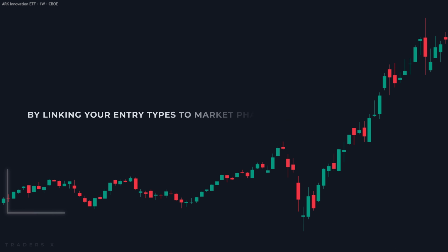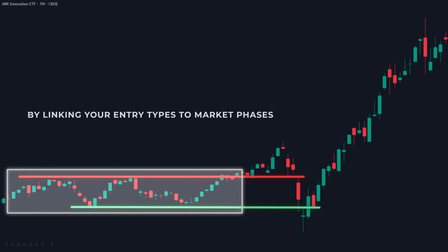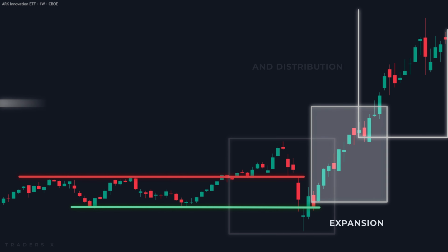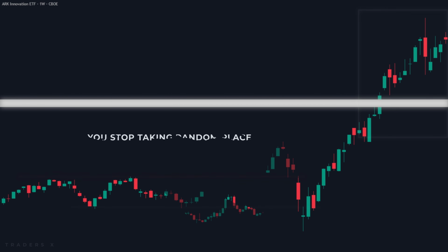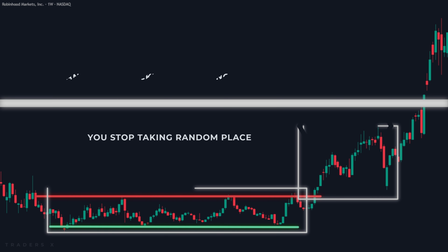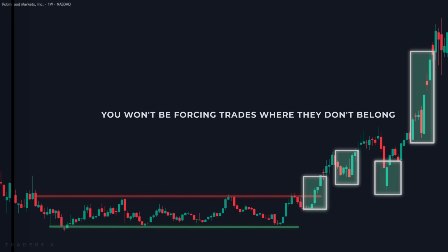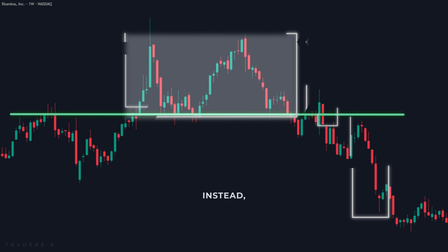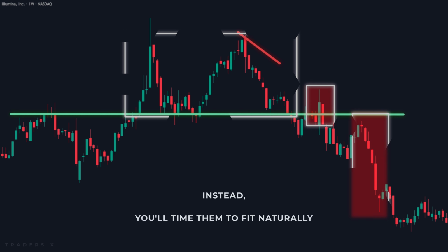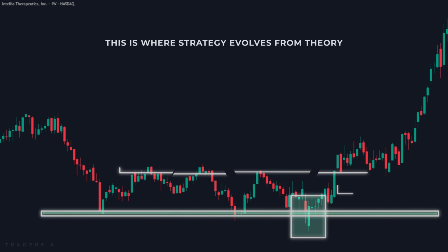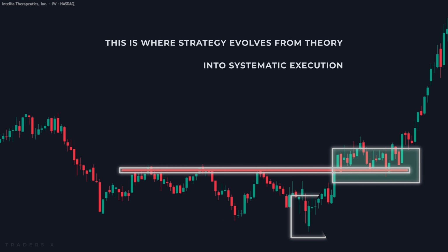By linking your entry types to market phases, accumulation, manipulation, expansion, and distribution, you stop taking random plays and start stacking confluence. You won't be forcing trades where they don't belong. Instead, you'll time them to fit naturally into the market's flow. This is where strategy evolves from theory into systematic execution.